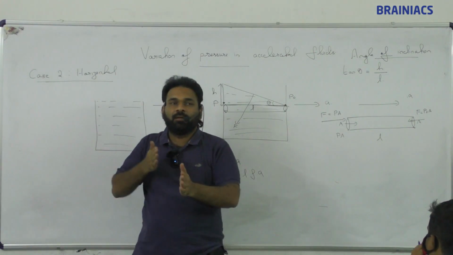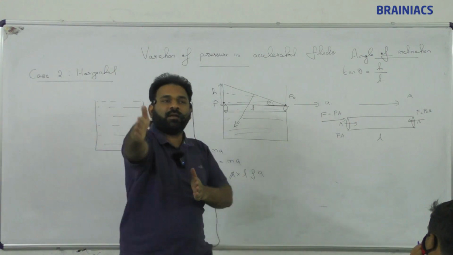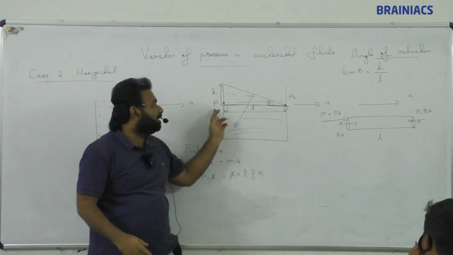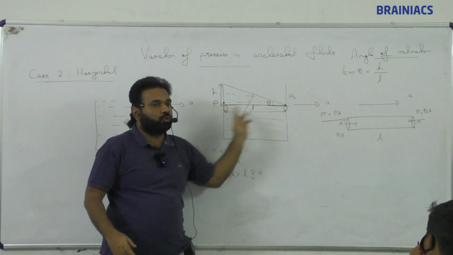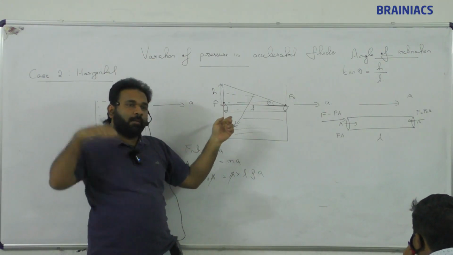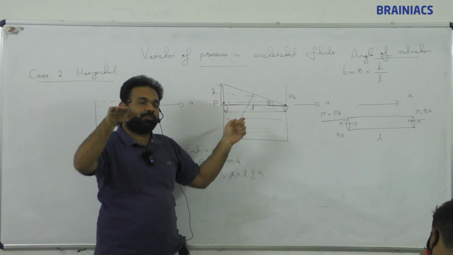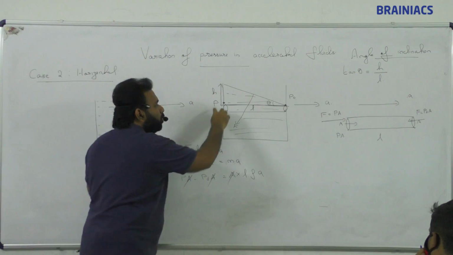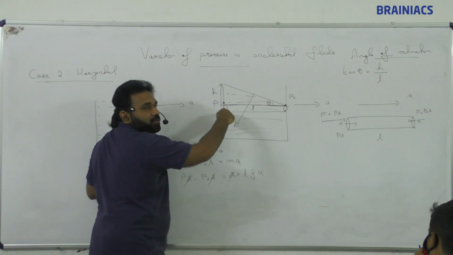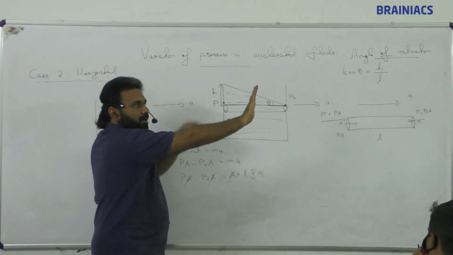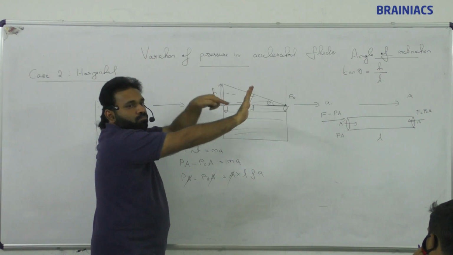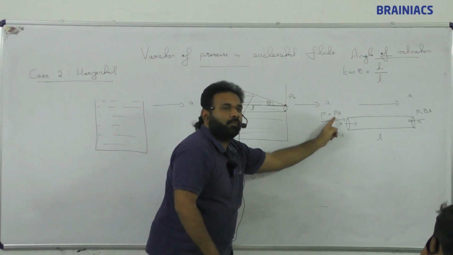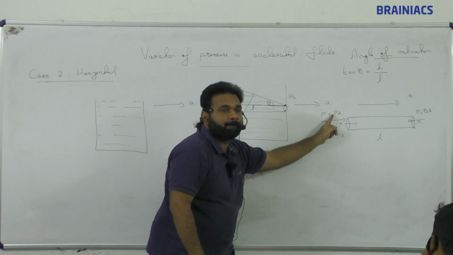Pressure can make force in any direction, but what we need is the pressure between these two. If this is an area, perpendicular force by area is pressure. So we consider the force in this direction. If this is area, force will be F is equal to P into A.